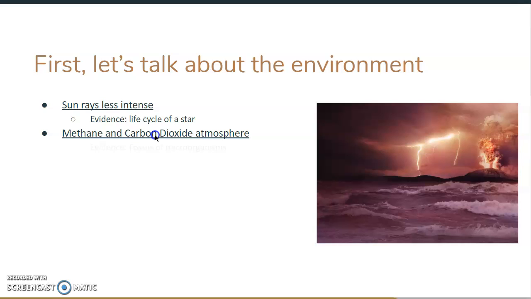We know this was true because we can see the fossils of those very first microorganisms, and determine that those microorganisms did not produce oxygen. They only used methane and carbon dioxide.